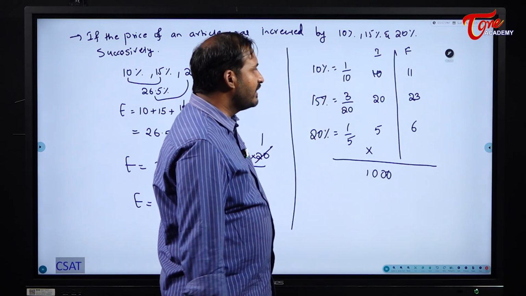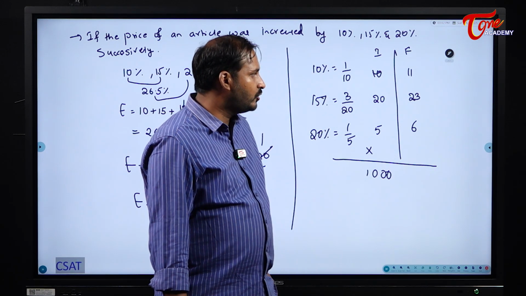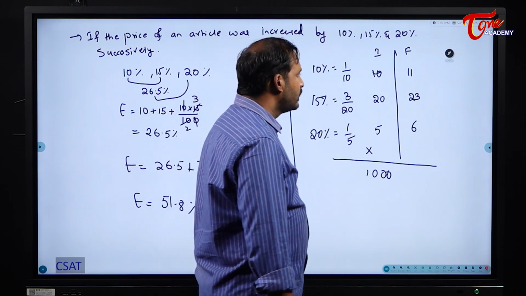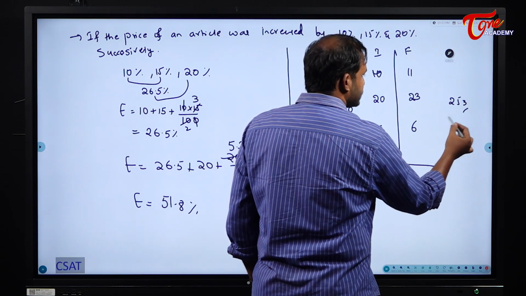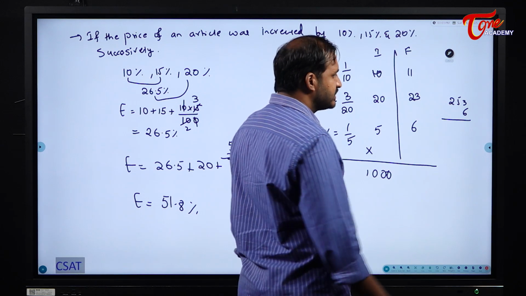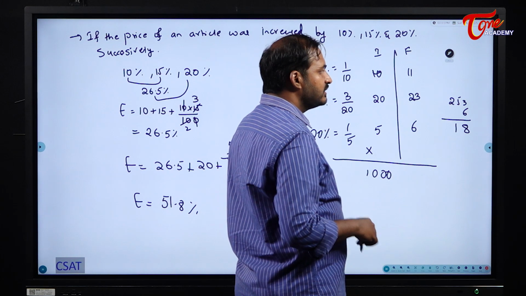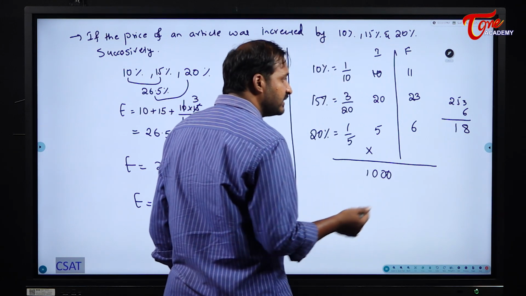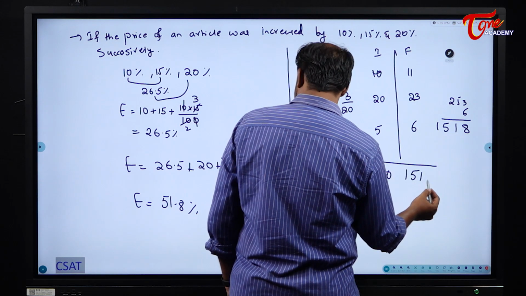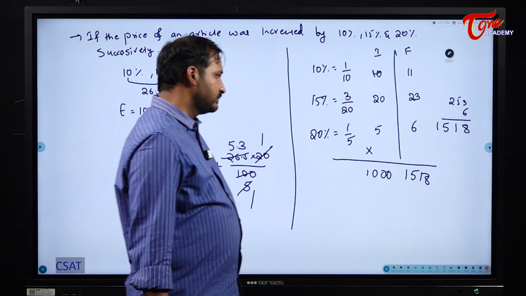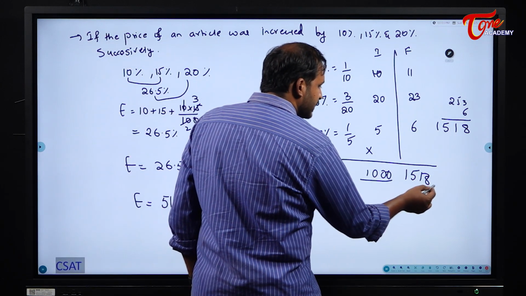Next 11 23s are 253. 253 into 6: 6 3s are 18 and 1. 6 5s are 30, plus 1, 31. 3 will be left. So 1518. So that means from 1000 rupees it was increased to 1518.